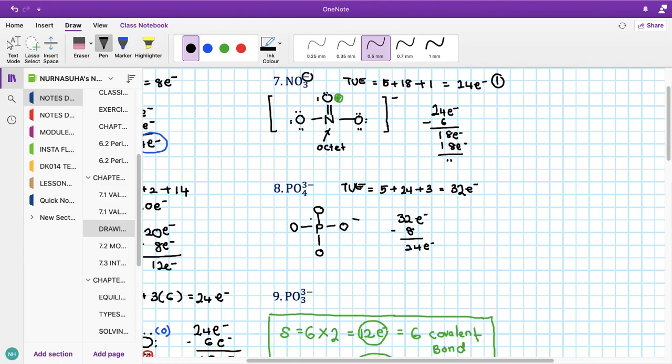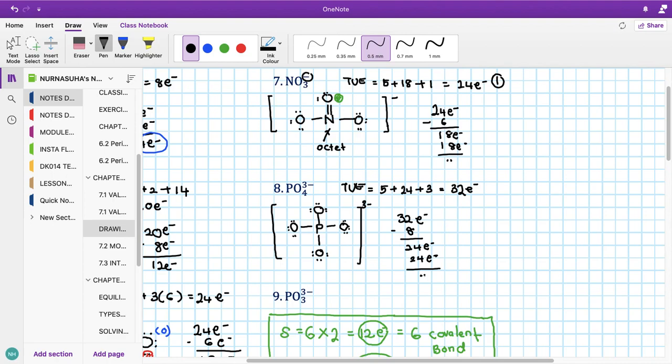So for that, don't forget the bracket. 3 minus outside the bracket. So we put it here. 6, 12, 18, 24. 6, 12, 18, 24. Okay, settle elektron kita.